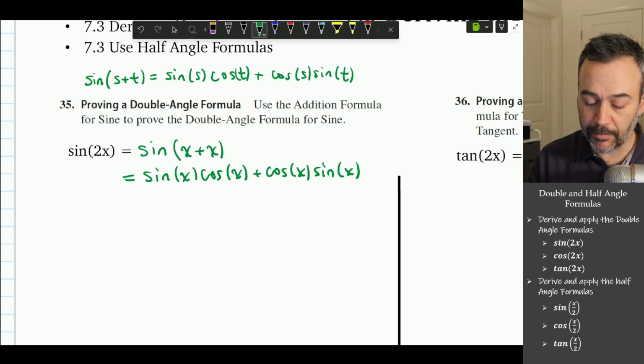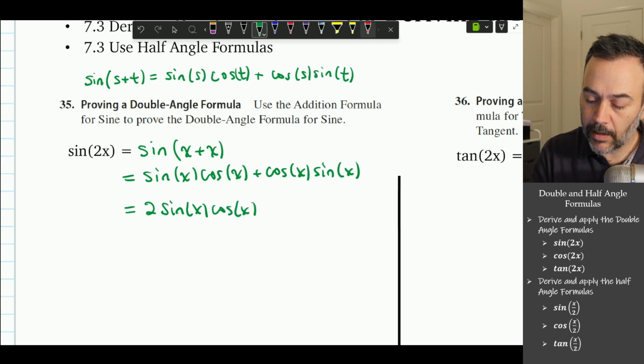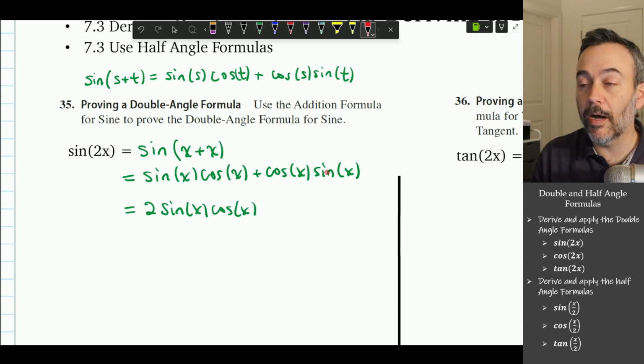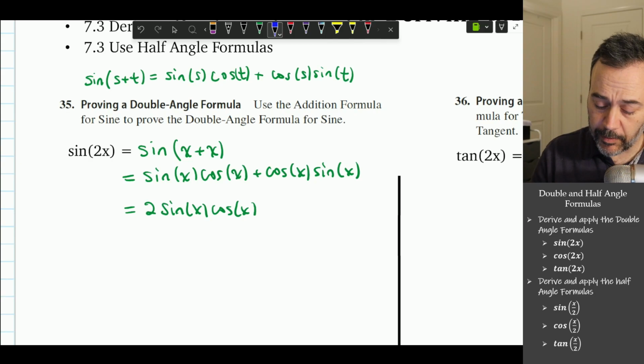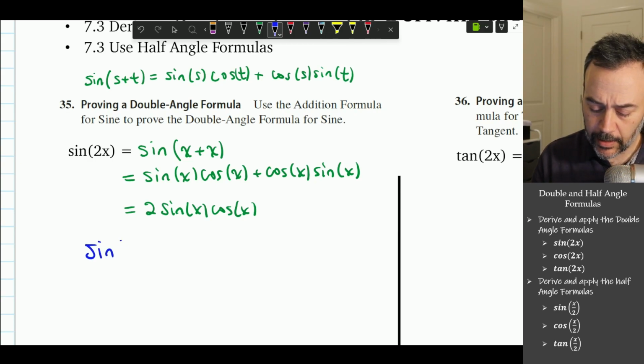It's just 2 sine x cos x. All we did here was swap the order of these with the commutative property of multiplication. So we have a formula. Sine of 2x equals 2 sine x cos x.